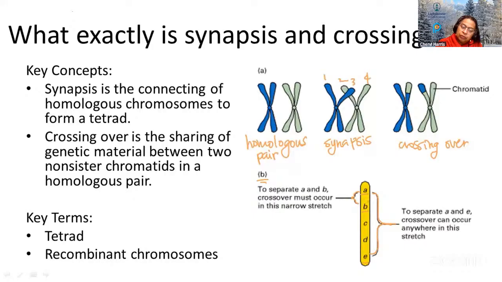So it could happen here, here, here, here. There are a lot more different possibilities than between A and B. So you can see that the rule is the further apart 2 genes are, the more likely a crossover will occur and the genes will be separated.